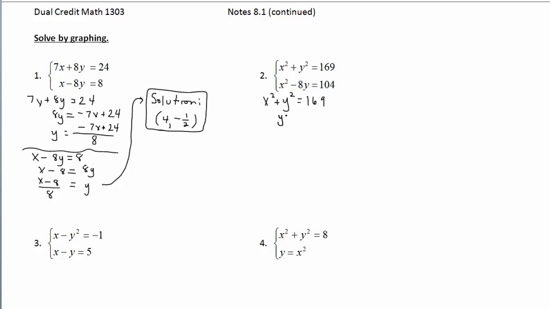All right, let's get y by itself so I can get this equation calculator ready. So y squared equals, subtract the x squared to the right side. All right, let's bring in the square root.